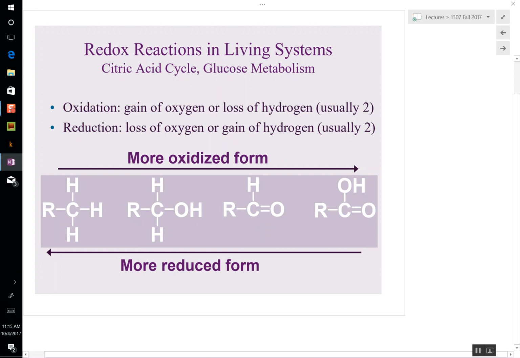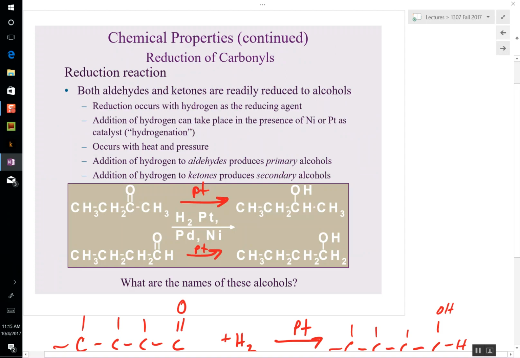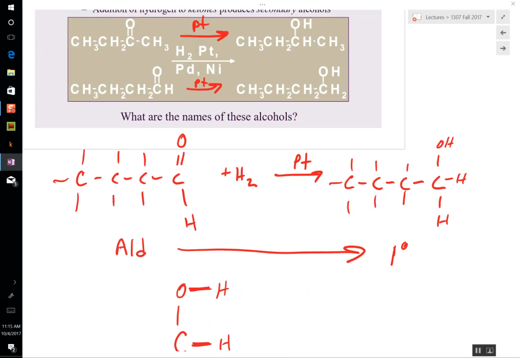If you go back to this slide, reduction is the gain of hydrogen. It's either the loss of oxygen or gaining hydrogen. Hydrogenation is gaining hydrogen. The molecule is gaining 2 hydrogens.